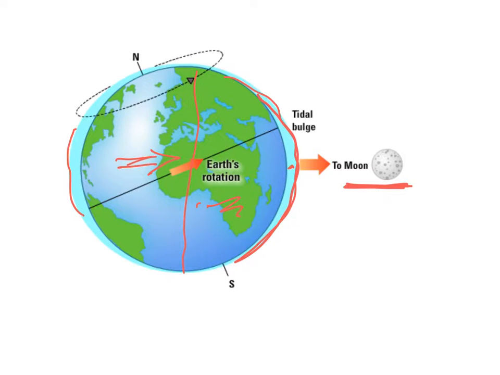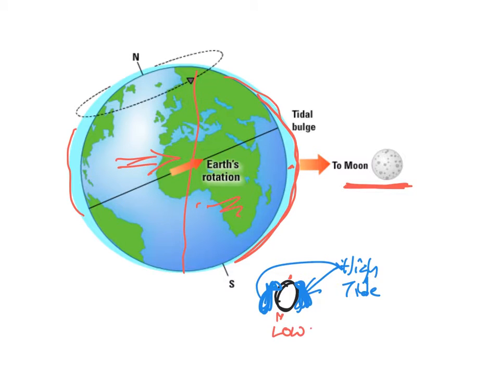So that's why when we look at our picture, we have our earth here. We're going to have a tidal bulge on the side of the moon, and we'll have a tidal bulge on the opposite side. And then these are our areas of high tide. Okay, so this is where we have a high tide here. And where we don't have the water is where we're going to have our low tide. So we can kind of see it that way.